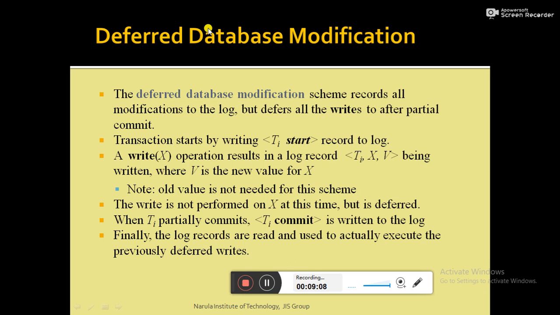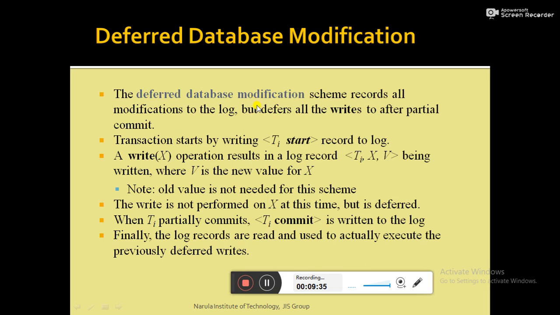So first we will discuss the deferred database modification. Deferred database modification is a log based recovery technique. In this technique, it records all the modifications to the log, but it defers all the write operations until after partial commit. What does it mean?